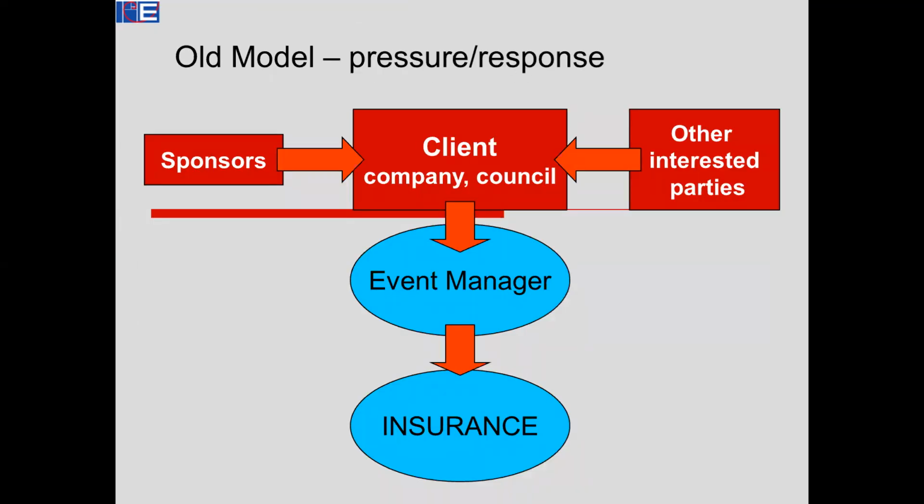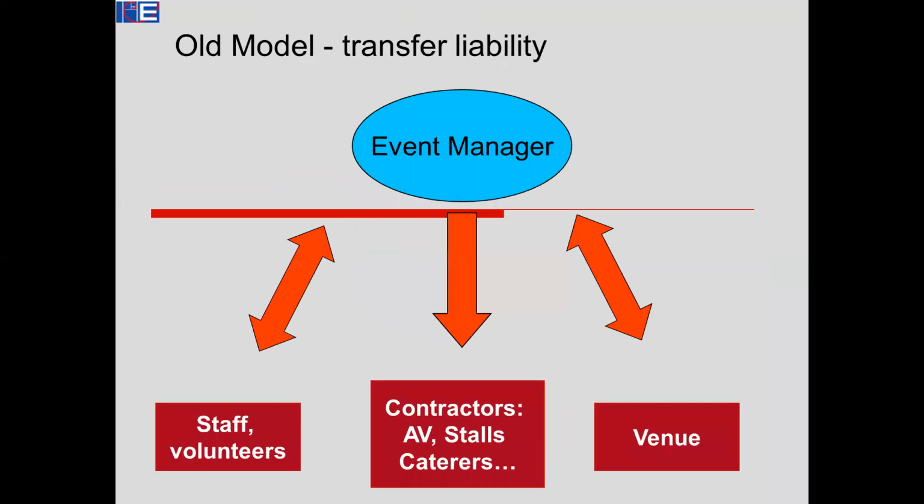Where it's come from was that the original way of doing events, and there's still a few people who do this, was that basically you were the event manager and you got pressured by the client, the sponsors and all the rest of them to do the risk management, and all you did was take out insurance and you thought, well, that's it. Okay. Then what you did, and this still happens quite a lot and it doesn't work, is transfer liability.